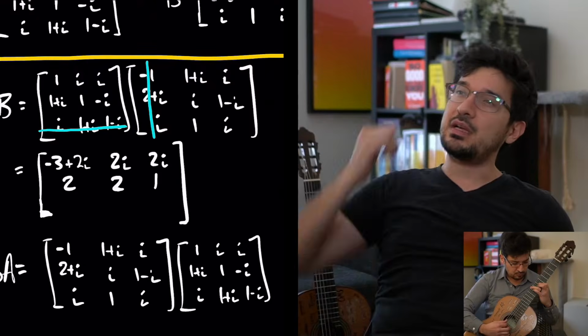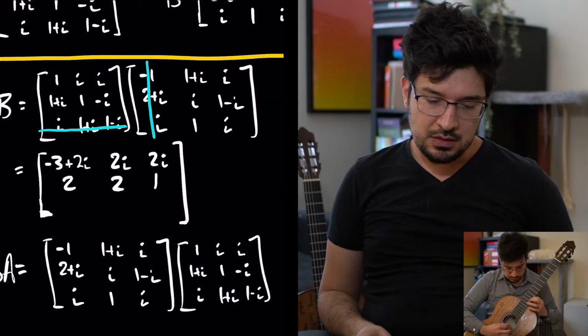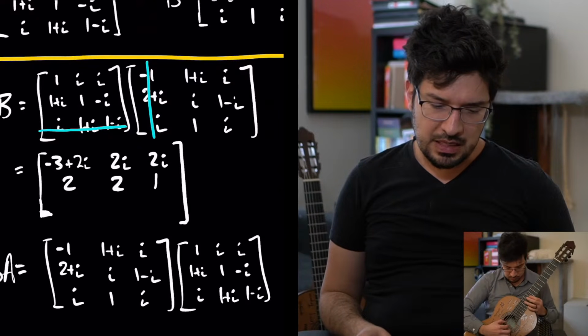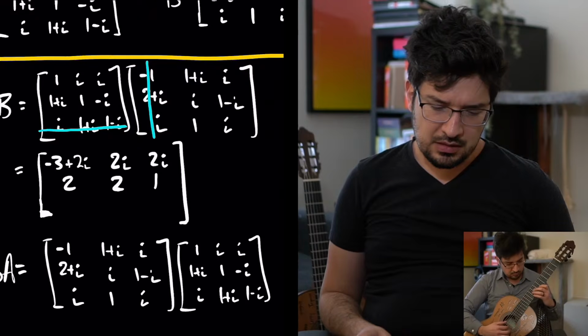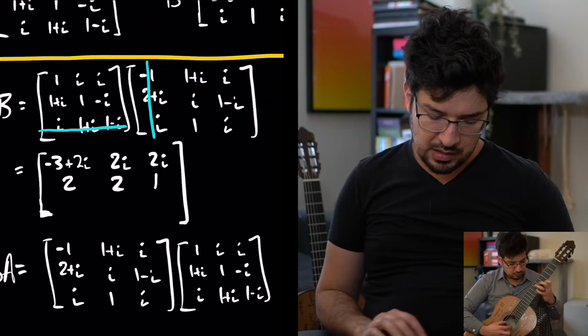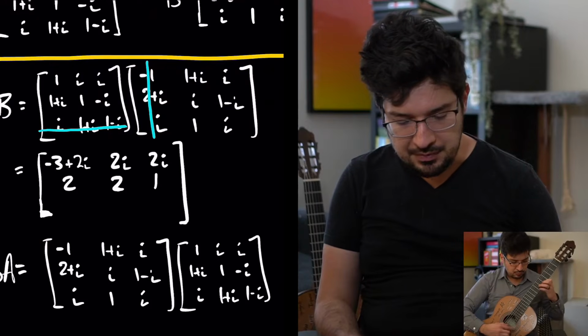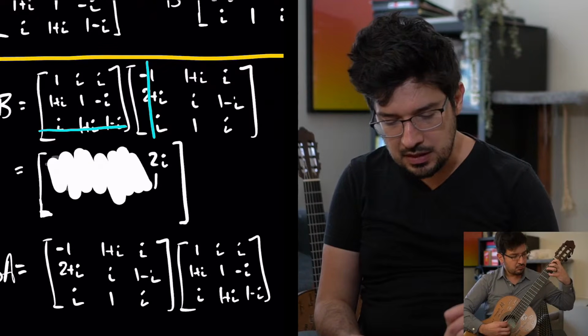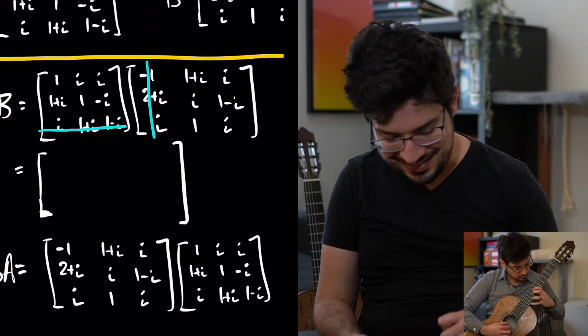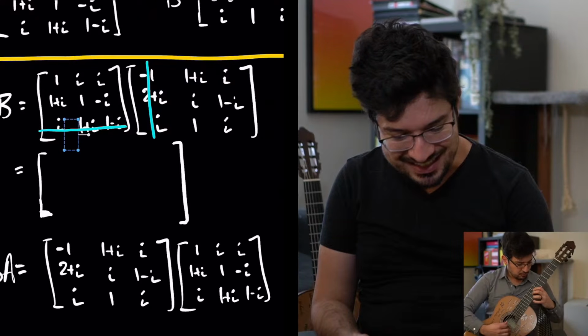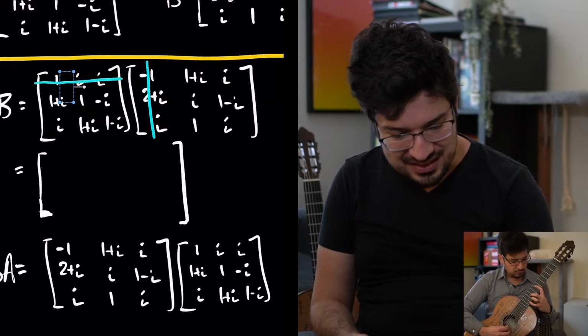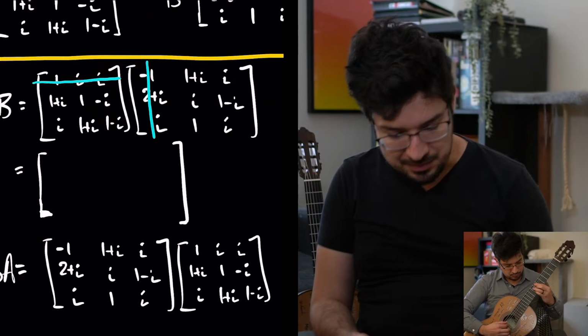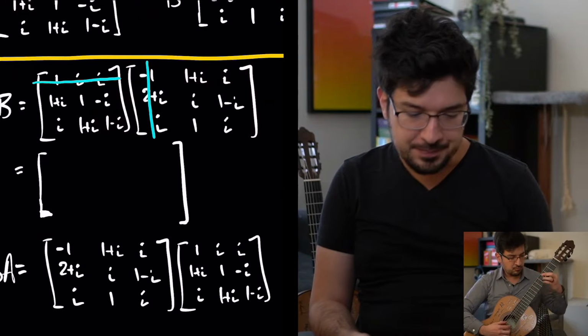I think I've been messing up some of these distributions. I feel like I may have messed up some parts of this. I'm going to restart. Sorry, everybody. Let's slow down.